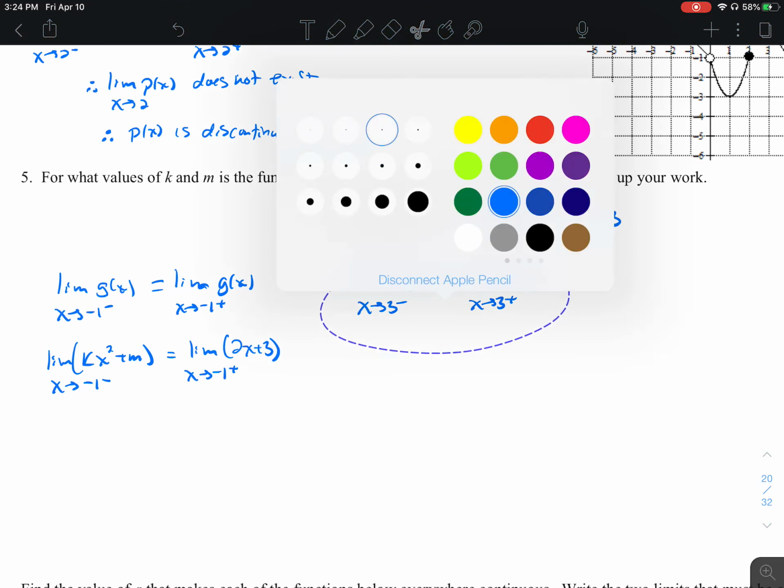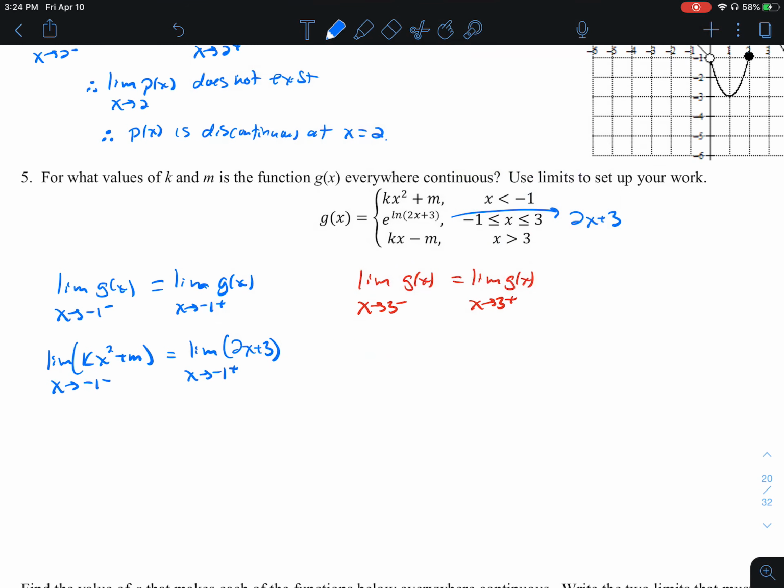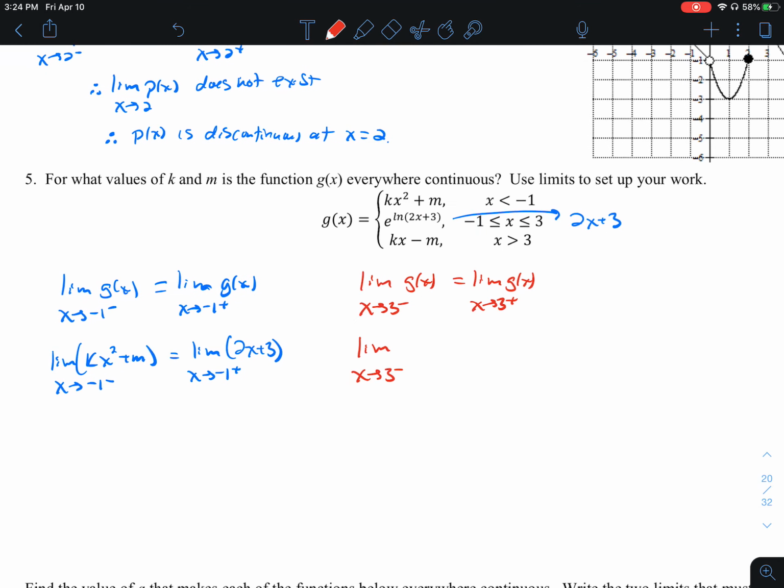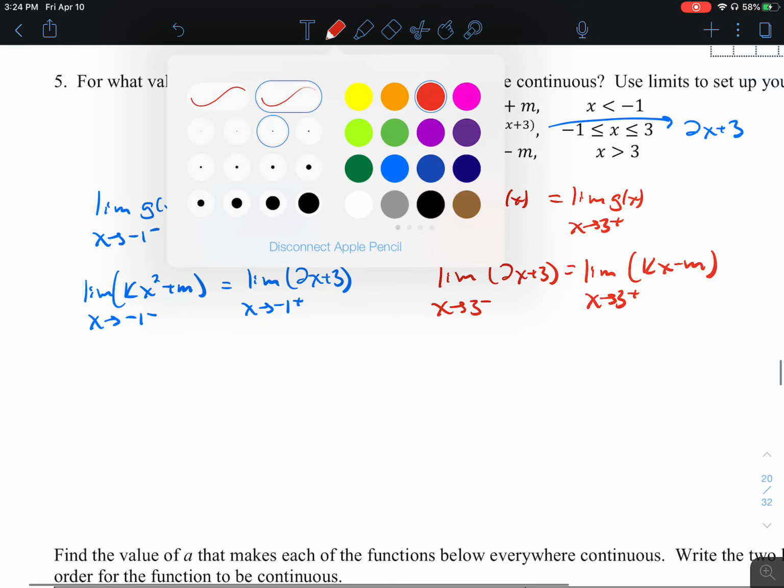Let me change the color of this. For this red equation, we're trying to figure out what our letter has to be. If you approach from the left of 3, that's the function 2x plus 3. If you approach to the right of 3, that is kx minus m.